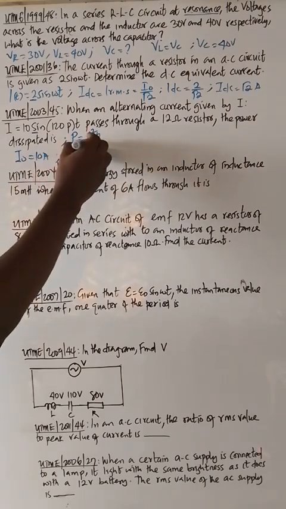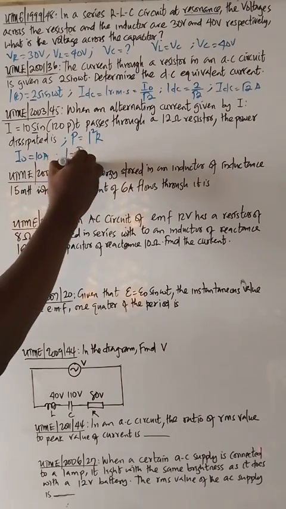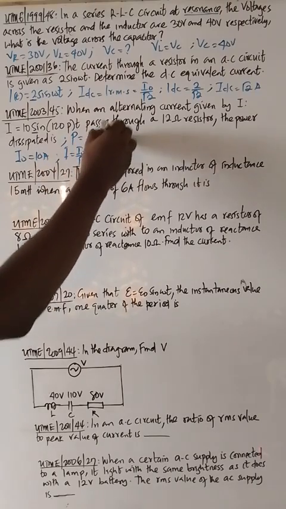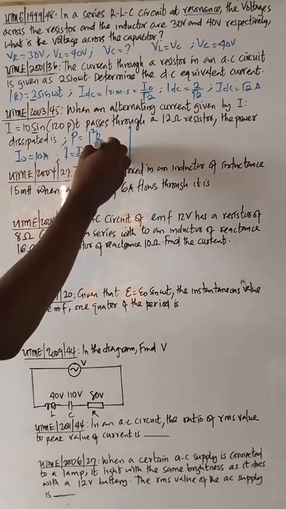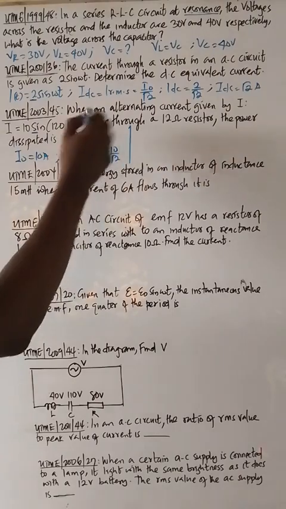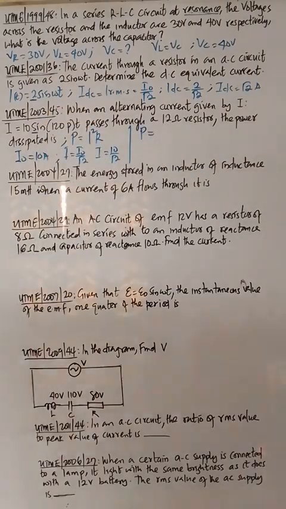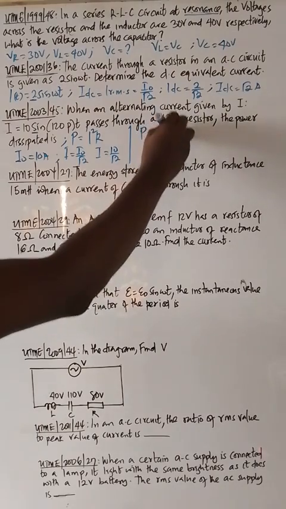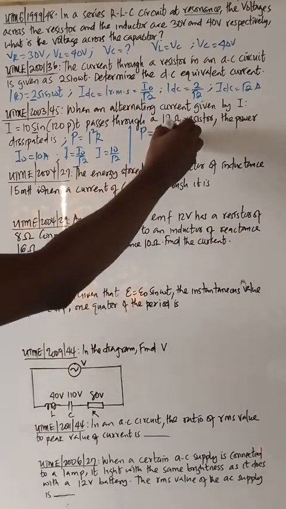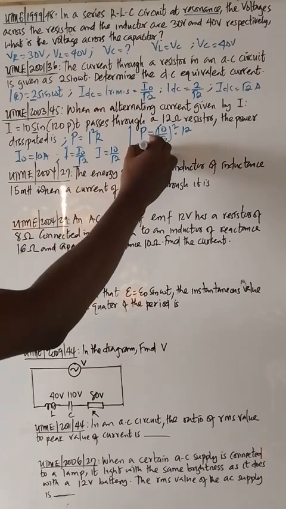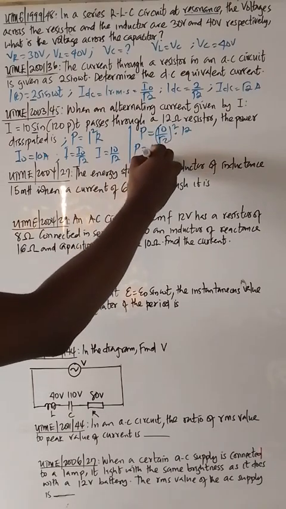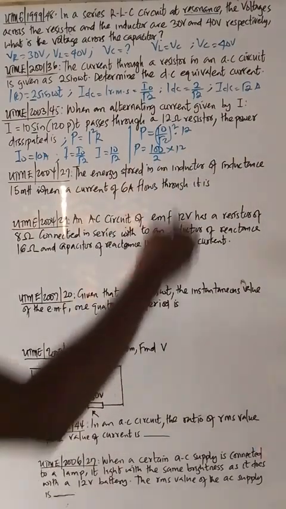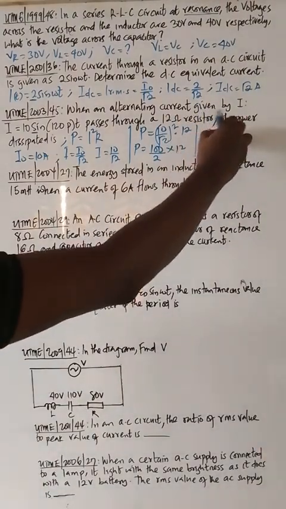So you have to look for the I, which is IRMS, which is I naught over root 2. So it means our I equals 10 over root 2. So we cannot come here and say our P equals I squared and our I is 10. That will be 10 over root 2 all squared times what's R? 12. So P becomes 100 over 2 times 12. 2 in 12, 6. 6 times 100, 600. So it means the power is what?